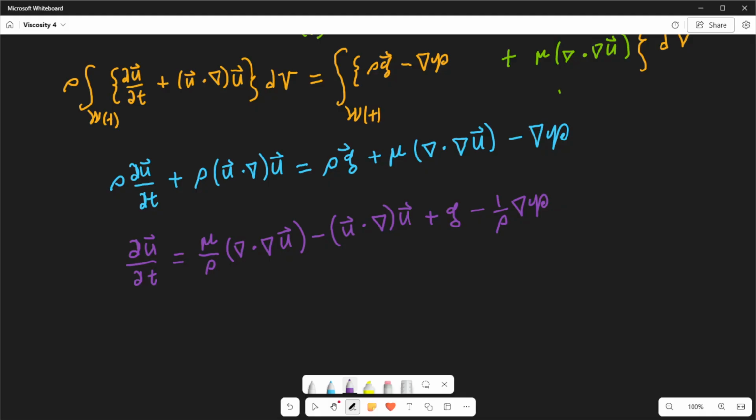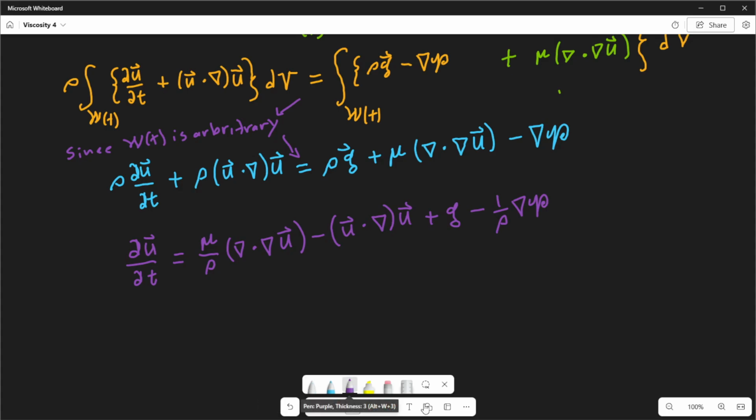And I'm going to put in one more comment: since the volume is arbitrary, it's possible to go from here to here for the term. So in the end, this is the Navier Stokes equation for the incompressible fluid.